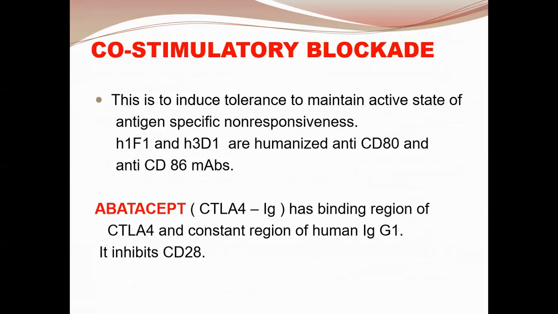Okay, and in this particular co-stimulatory blockade, we have a drug which is called abatacept. This abatacept, CTLA4 Ig, has the binding region of CTLA4 and the constant region of human immunoglobulin G1. It also inhibits the CD28.